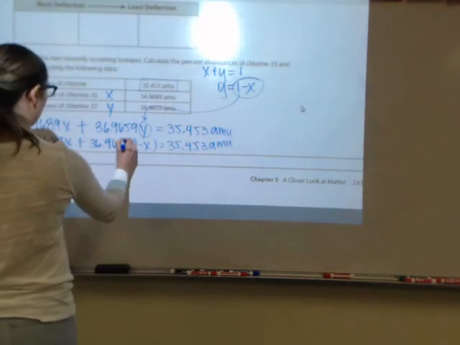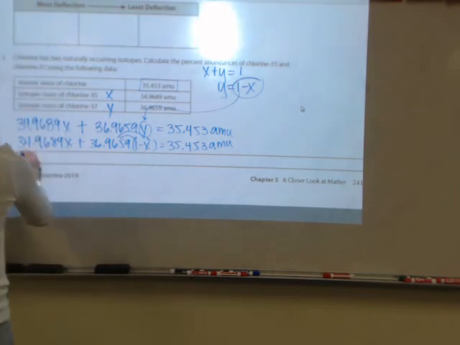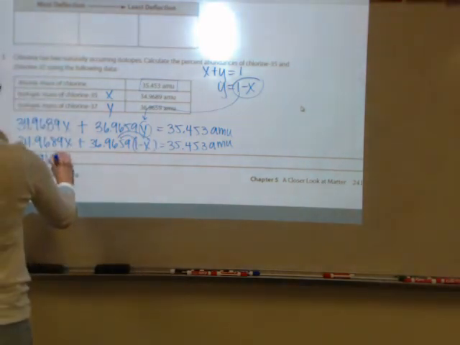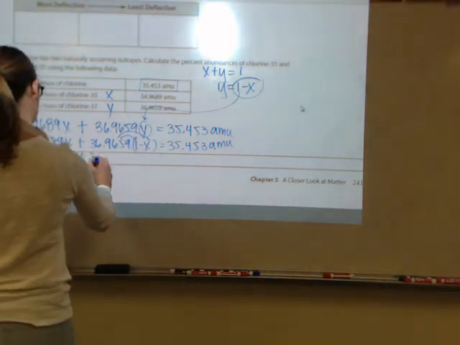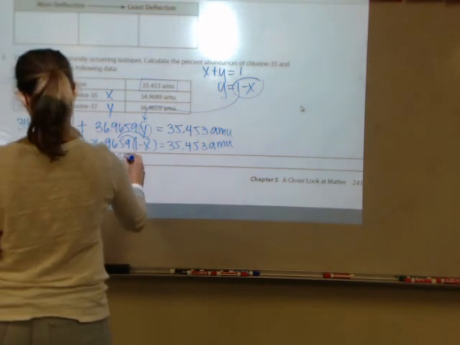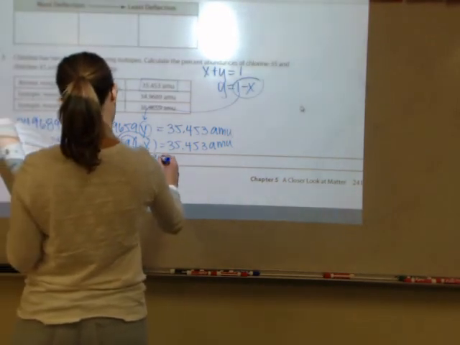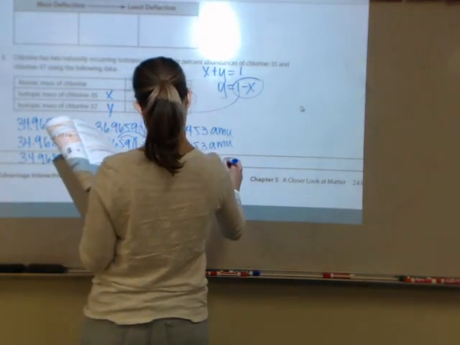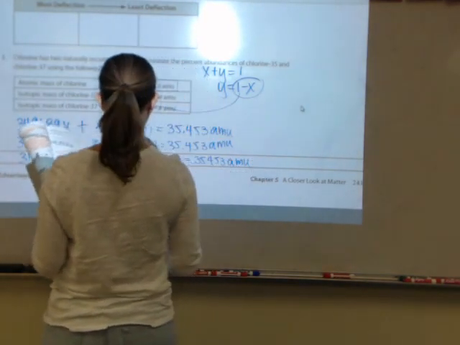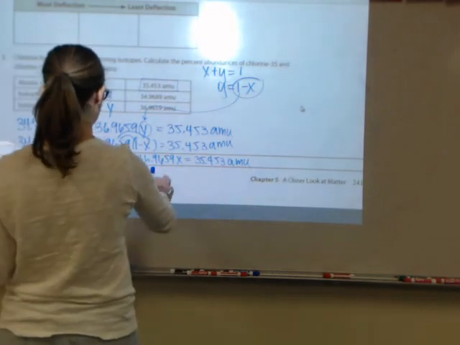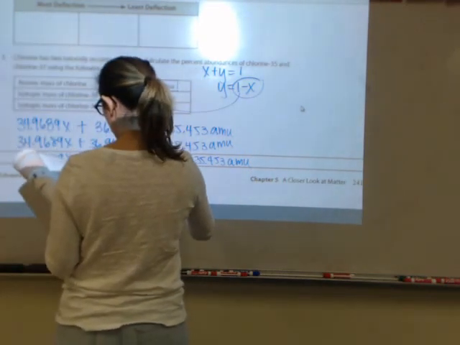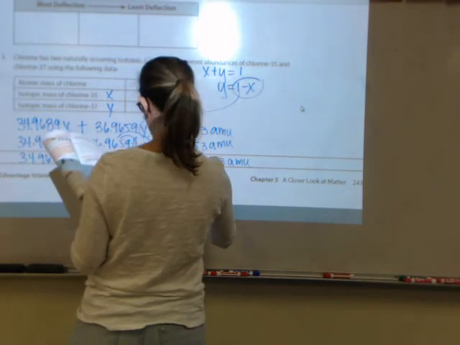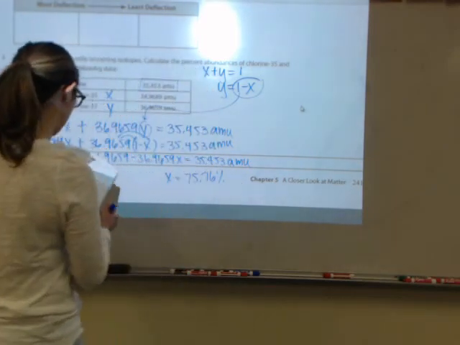You're going to distribute here, and then combine like terms, and you're going to end up with x is 75.76%.